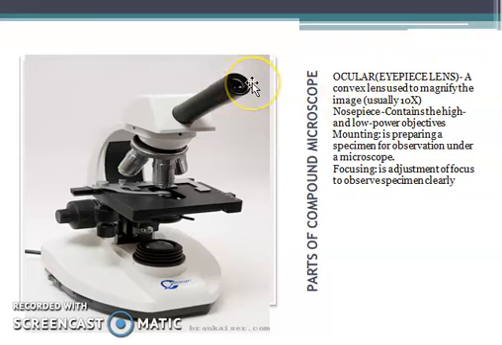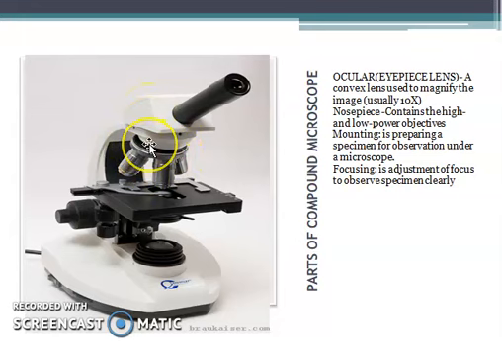Then we have the body tube or the barrel. It connects the eyepiece lens and the nose piece.